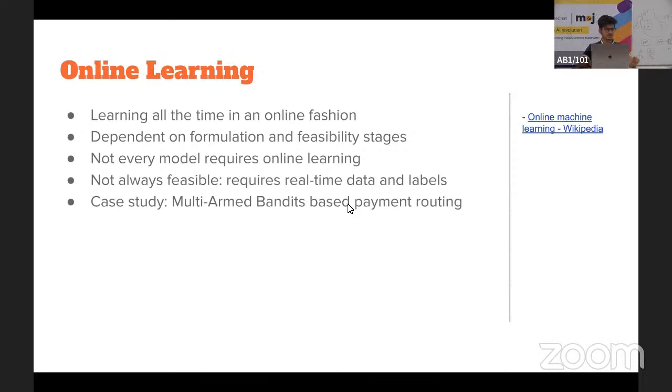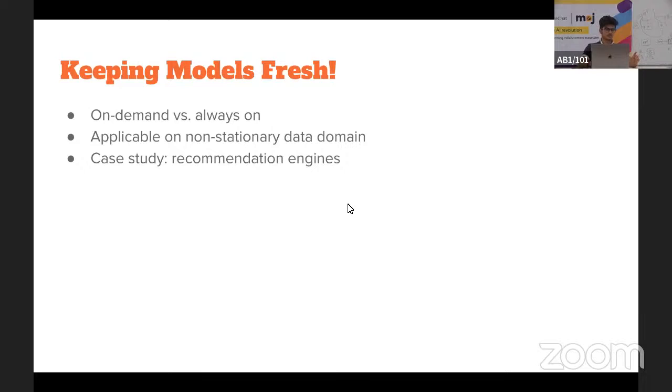Now getting out of this, now that we have covered online learning, which is not usually the case for every model, I'll come to how we are using feature and data, data and model monitoring alerts to keep our models fresh, which keep away the drift and whatever degradation happens. Of course, there's now a difference between on demand and always on.